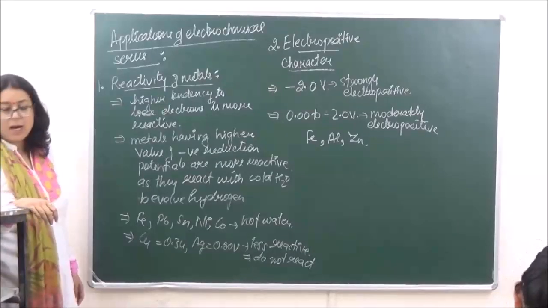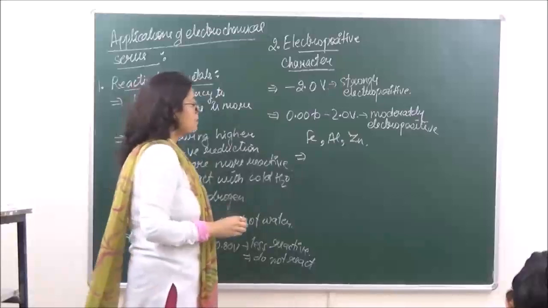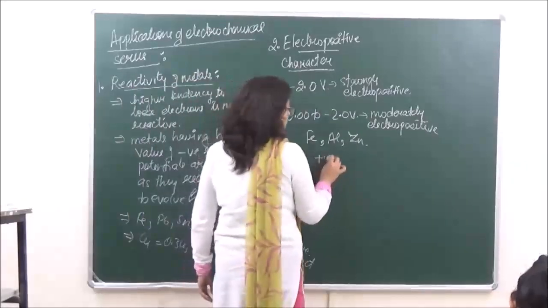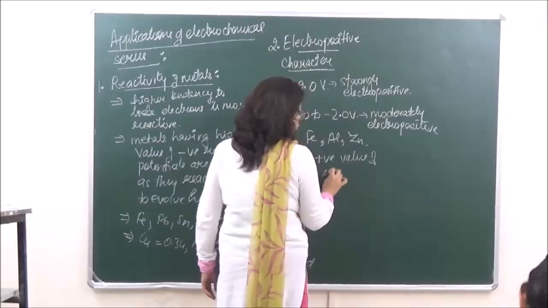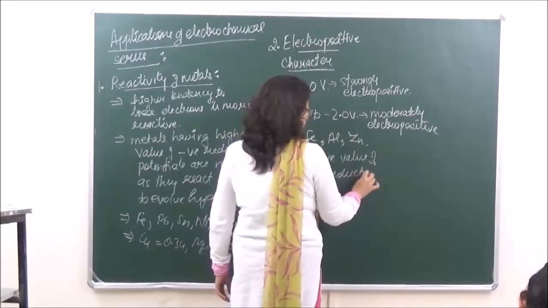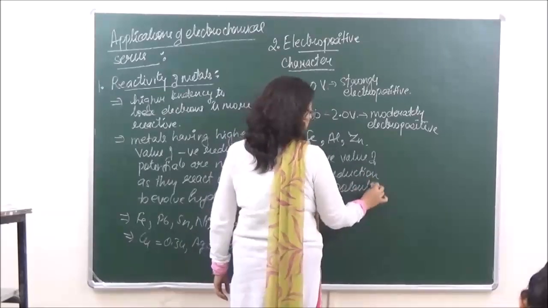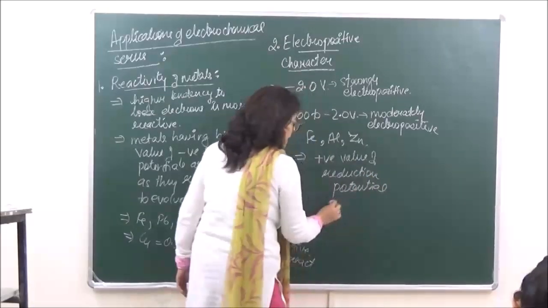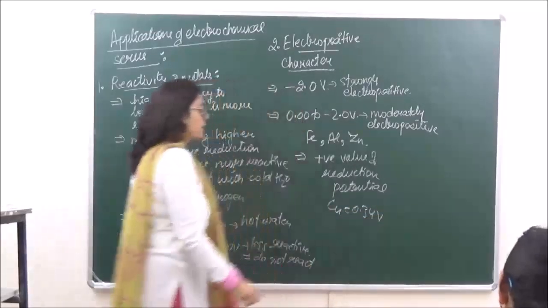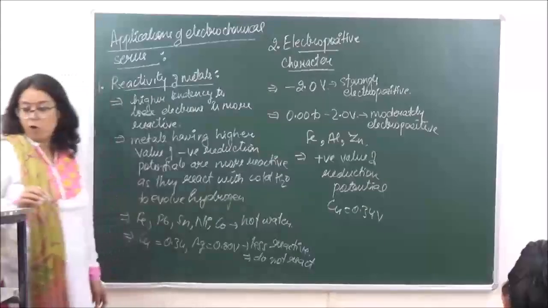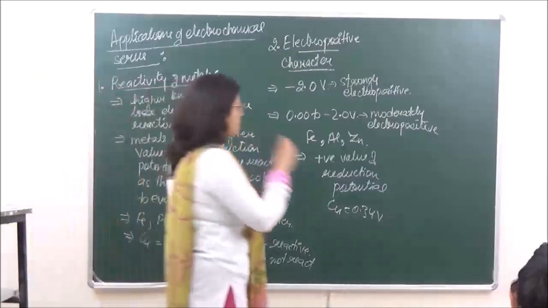Then metals which are below hydrogen, that is the metals which have positive values of reduction potentials, as in the case of copper, which has a reduction potential of 0.34, these are weakly electropositive, right?